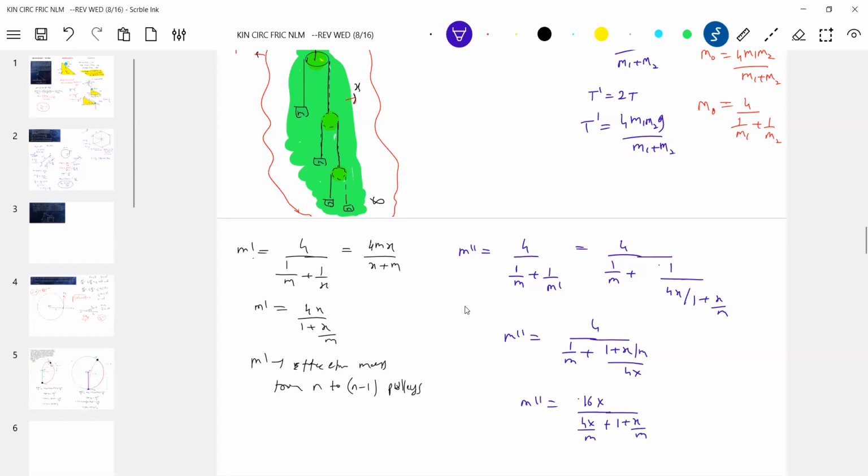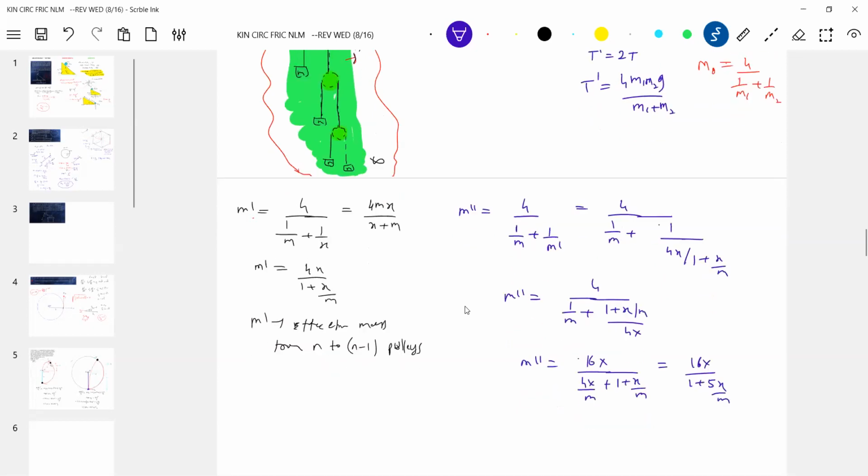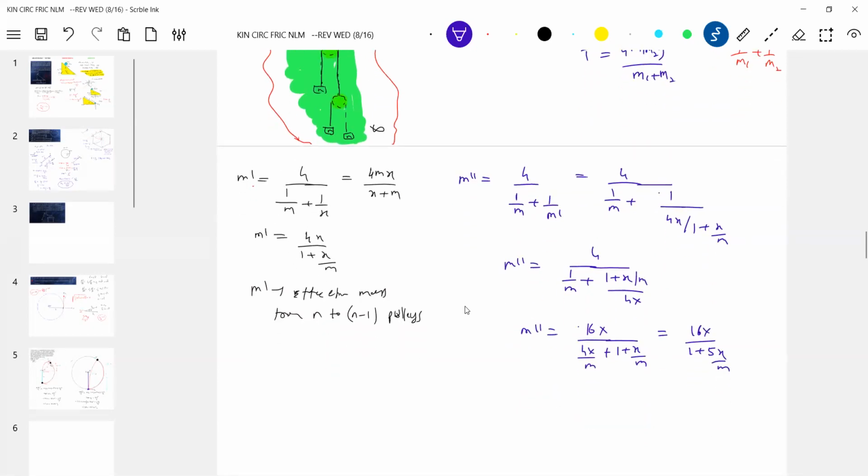Just check the calculation once. If I'm right, I'll proceed further. Okay, this will become 16x by 1 plus 5x by m. Can we generalize this?